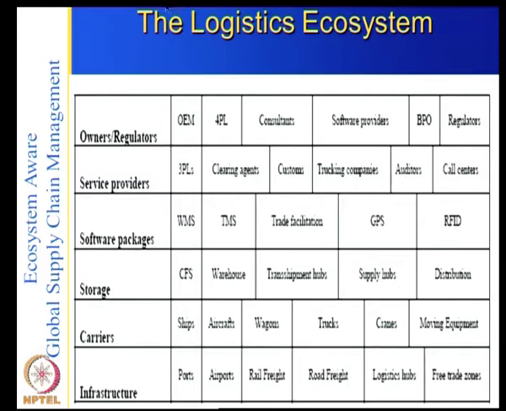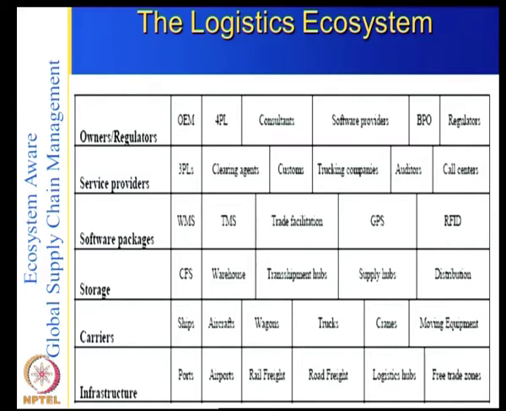If you want, you can make more layers out of this. Some of them are infrastructure, they provide the trucks and the storage, software and service, and they are regulators. These are the ones.